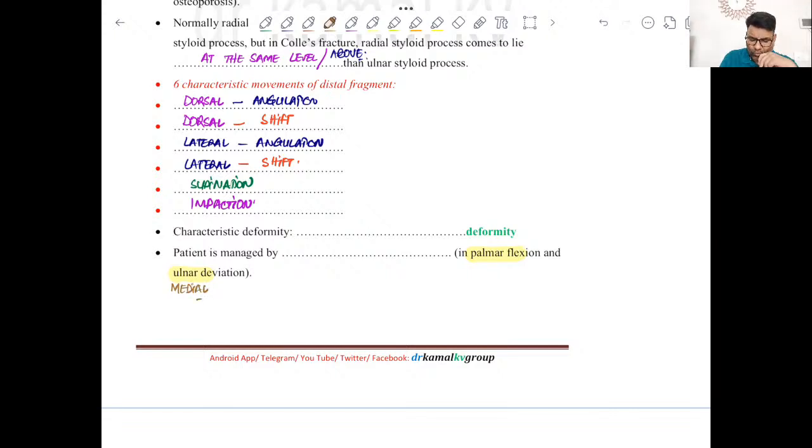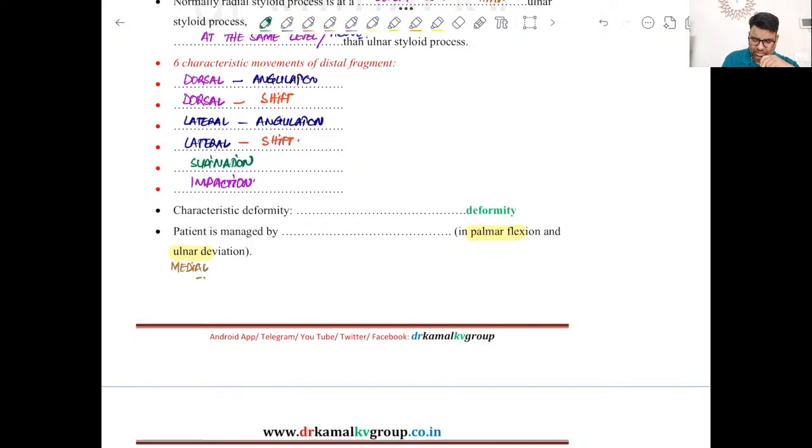So it is somewhat like a handshake position, right? So these are the different displacements, and they are neutralized while reducing the fracture. So the patient is managed by closed reduction plus POP slab followed by cast, right? And this is the handshaking position.